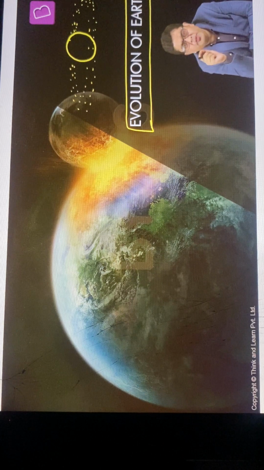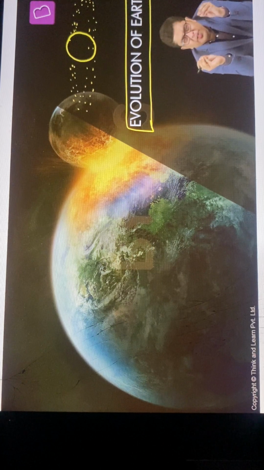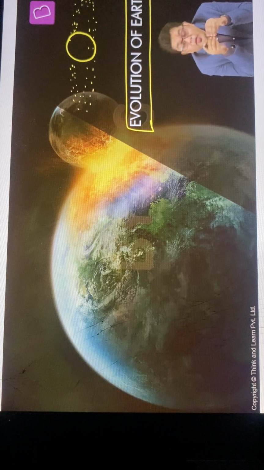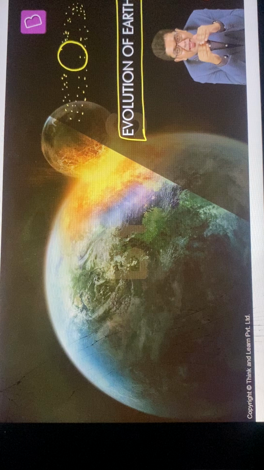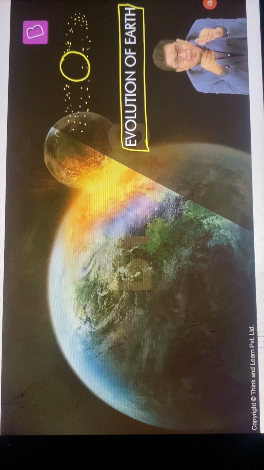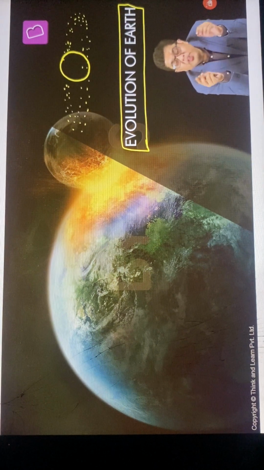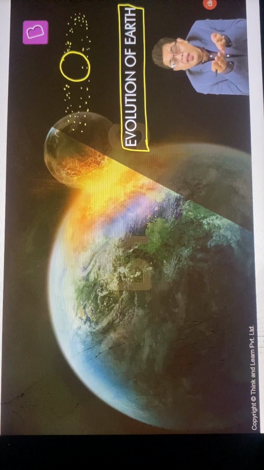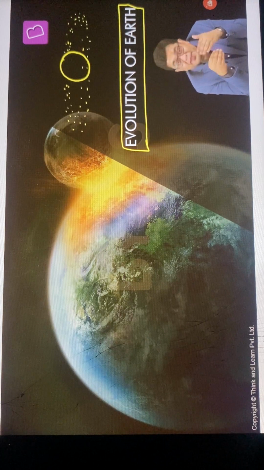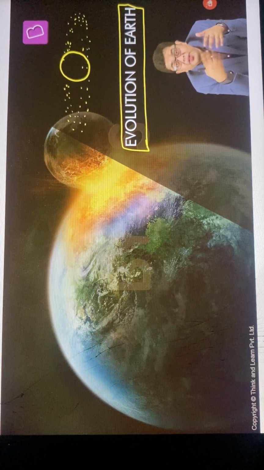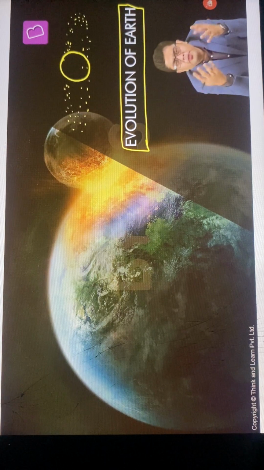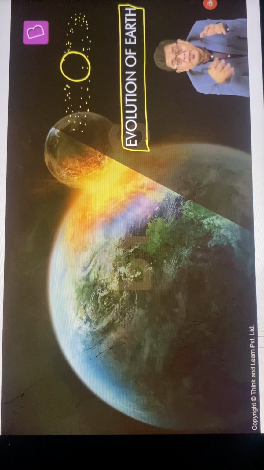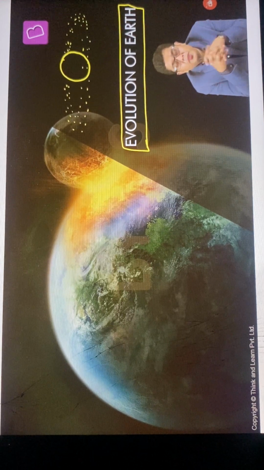Imagine two dust particles colliding with each other. Whenever there is a collision between two objects, immediately there is a rise in temperature. As they started colliding, they started forming a larger aggregate, but at the same time, the temperature started rising. Eventually, millions and billions and trillions of these particles started colliding, forming a larger mass.